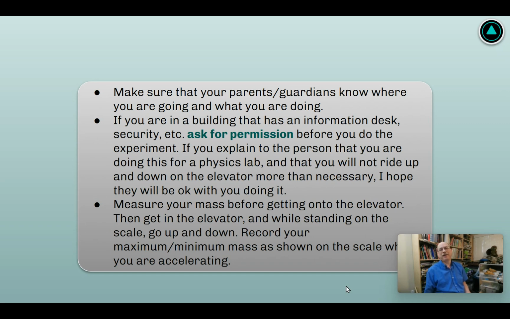I've been doing this lab now for almost 3 decades. And you'd be surprised, there's a lot of people that work downtown that have had my students come up to them previously. And when you say to them, I'm trying to do this lab, and you bring out the scale, they might say, oh, you're in that physics teacher's class.